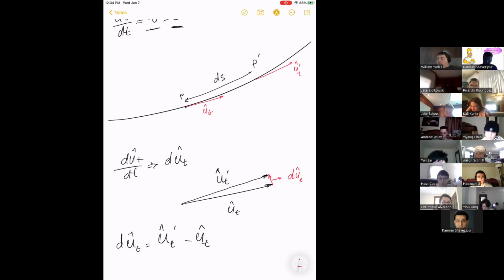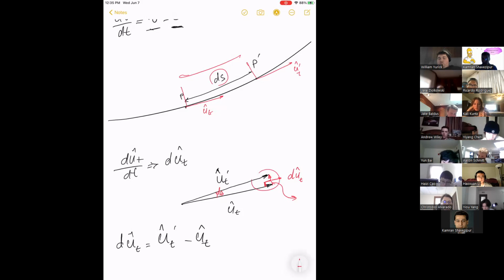Now, remember, this is a differential. That means this is very infinitesimal, which means this angle theta is going to be very small. As we take the limit and this length becomes smaller and smaller, this becomes perpendicular to ut, right? The direction. Does that make sense? In the limit form, when this d theta becomes smaller and smaller, this becomes 90 degrees, right?